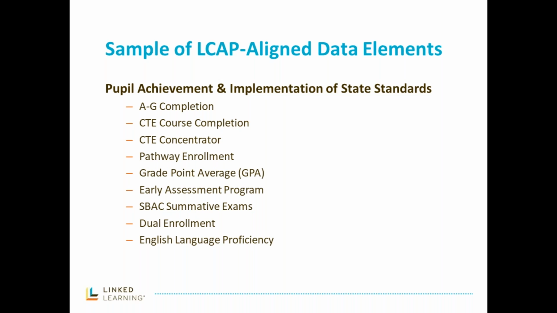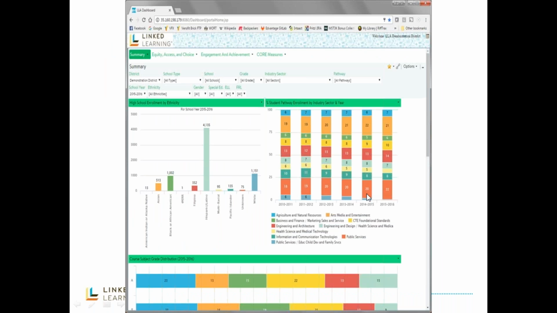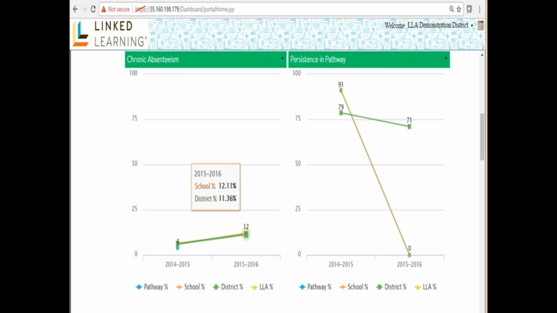This portion will include screenshots of the system. So you can see our indicators here on the dashboard, and remember how those are tied to what we saw, Oakland's measurable outcomes. This screenshot, for example, demonstrates chronic absenteeism in a pathway over 2 years and persistence in pathways.